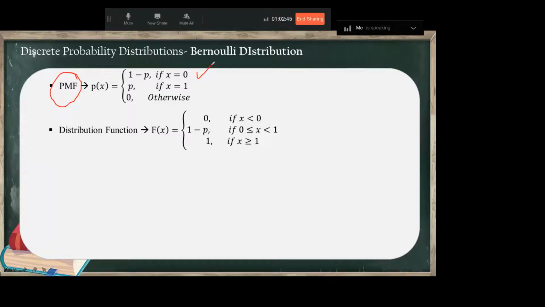So we get x equal to 0, so it's gonna be with the probability q. So that's the probability we're talking about. If it's a 1, then it's p. The probability is p, and 0 otherwise. There is no other outcome.